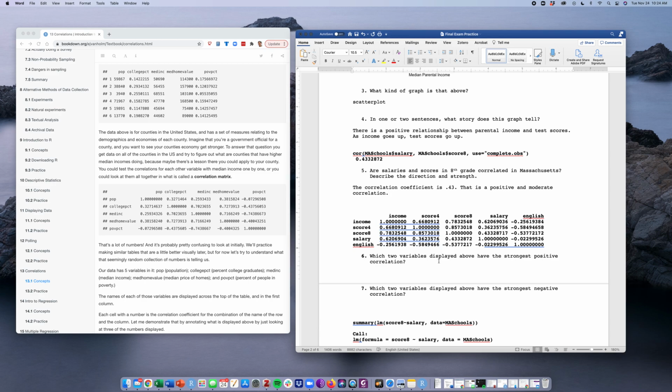And so it looks like the correlation here, 0.857 between test scores in 4th grade and 8th grade, is the strongest positive correlation. That's the largest positive number on the correlation matrix. So score 4 and score 8.